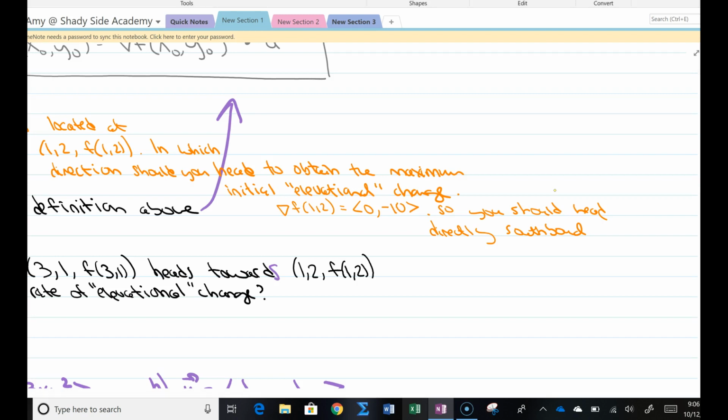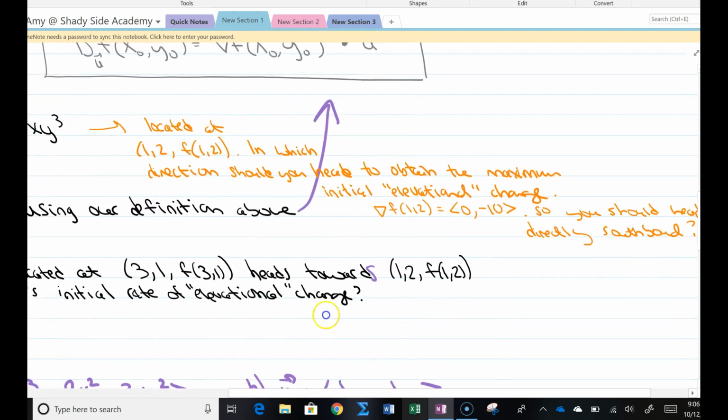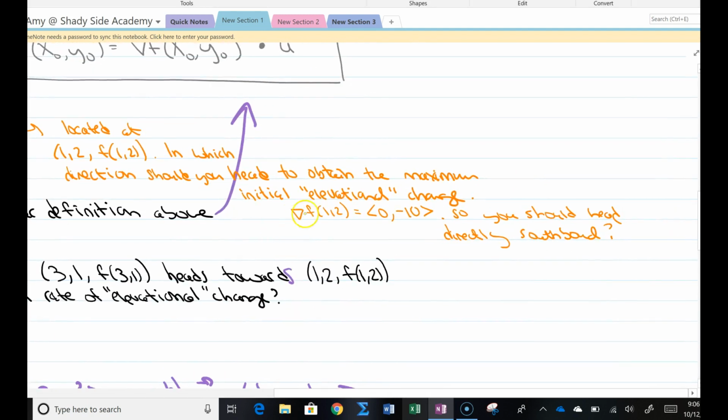And if you head in that direction, what will your directional derivative be? Okay, so now that's my second question to you. Now you've answered the first question A of this investigation. If you head in this direction, you know your directional derivative will be maximum. Now my question that I want you to think about is, what will that max initial elevational change be?